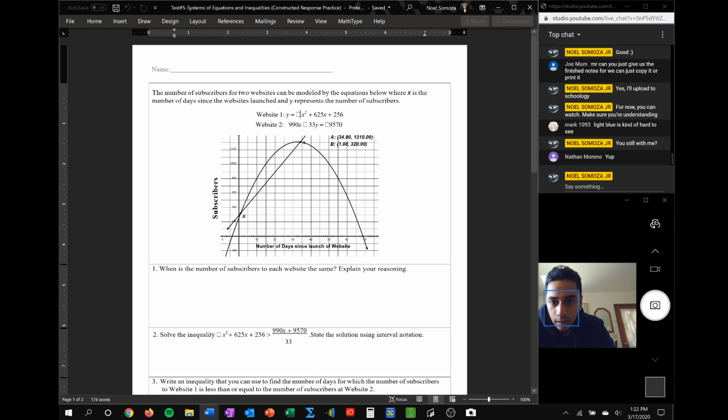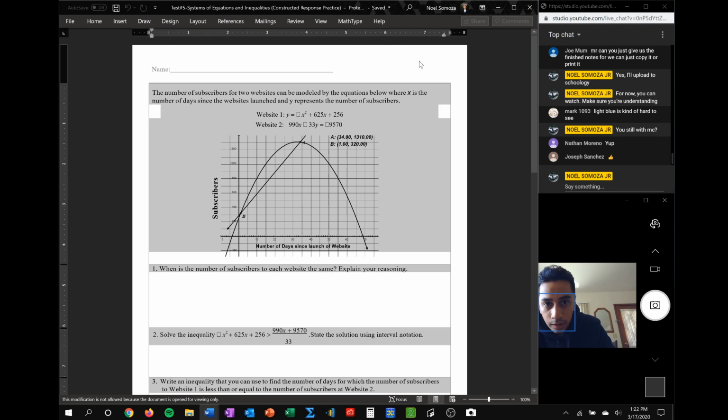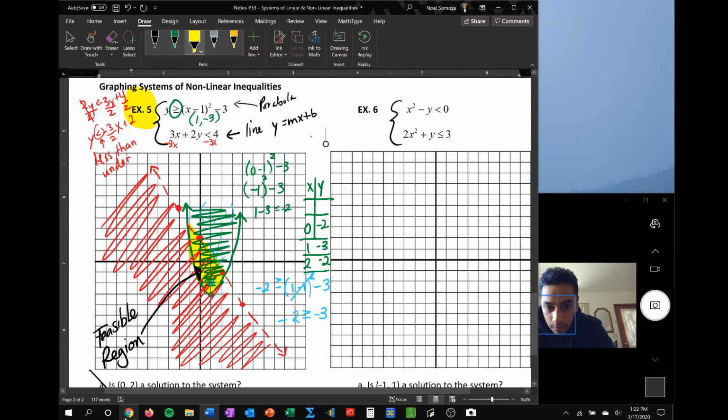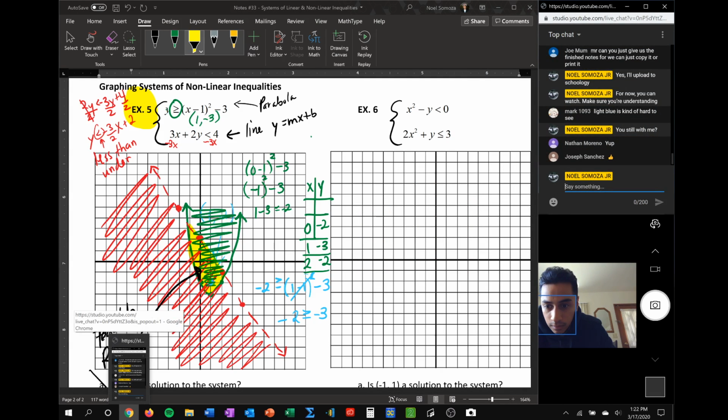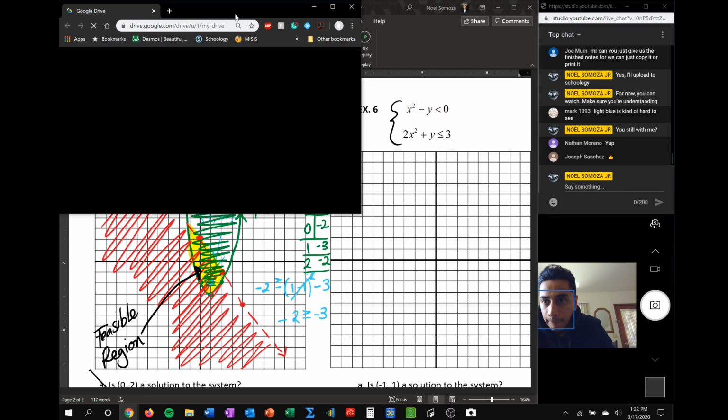So for this one, let me actually fix this. This should be negative. Why can I not edit this? Hold on. Oh man, did I close it? Give me a second.